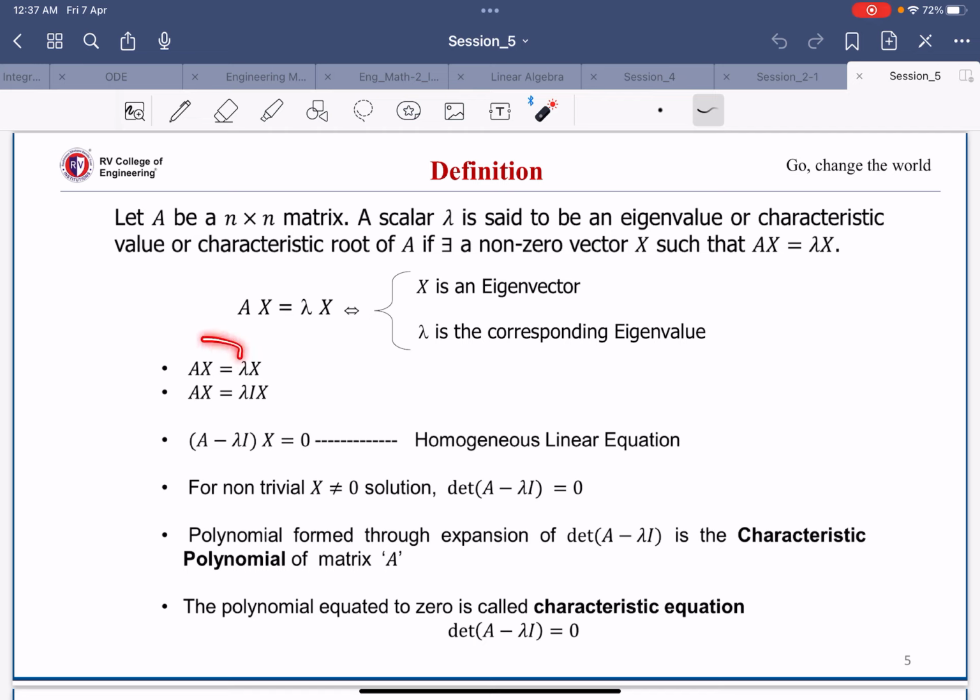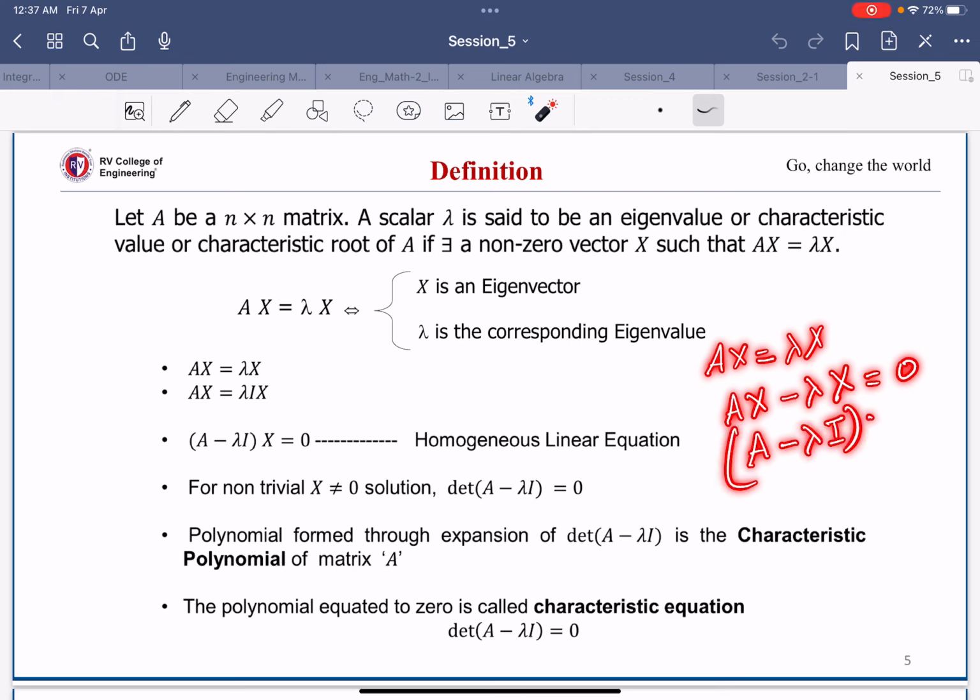So if I have Ax is equal to lambda x, I can rewrite this as Ax minus lambda x is equal to 0, or I can also write this as (A minus lambda I) times x is equal to 0.